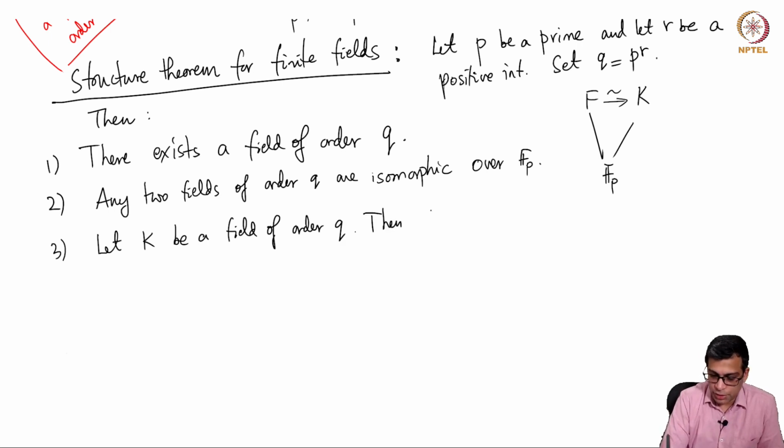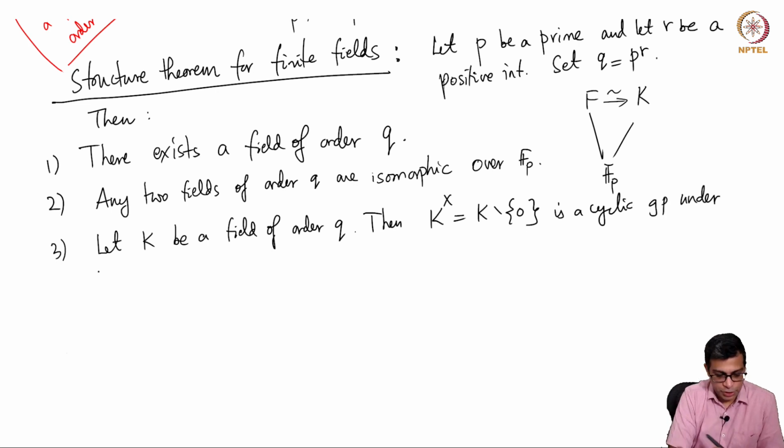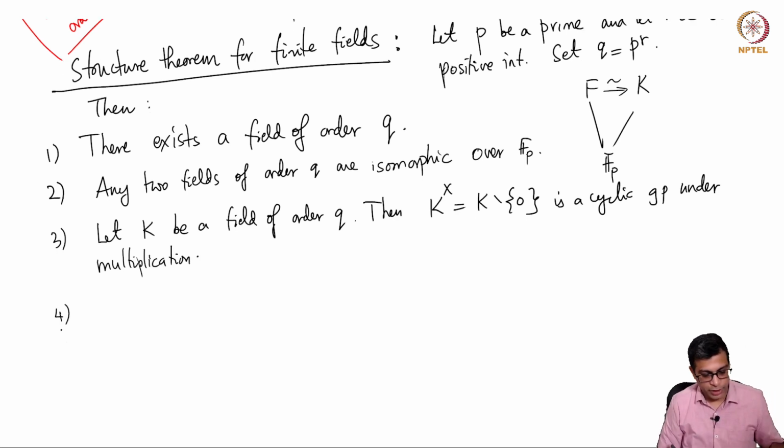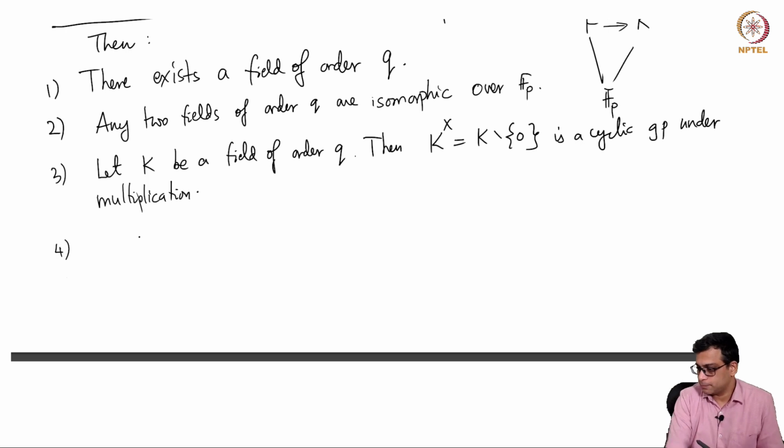Then the collection of non-zero elements of K, K cross, is a cyclic group under, of course, the multiplication operation. This is a very useful statement that we might at some point use.